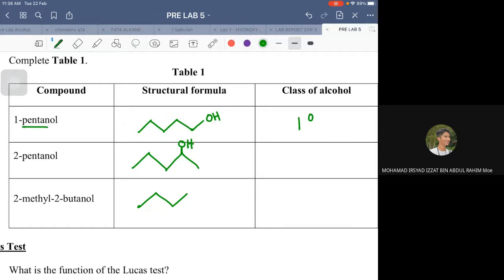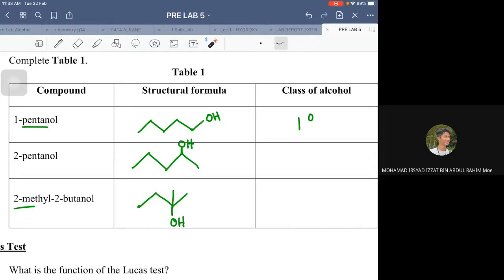Okay, choose carbon number 2. 1, 2, OH kat sini boleh. 1, 2, OH kat sini pun boleh. It's up to you. So here I put here OH at carbon number 2. But we have 2-methyl, meaning that carbon number 2 there is methyl group, another 1 carbon. So all together we have 5 carbon. 1, 2, 3, 4, 5.